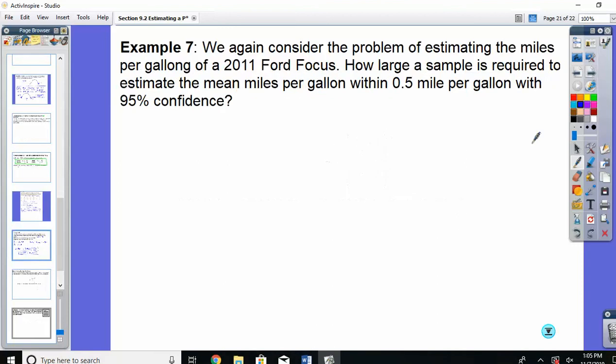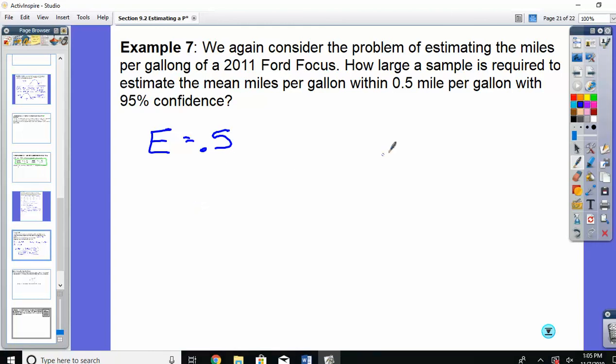Okay, so if I'm going back to that mileage problem we were looking at, and I want to know how large a sample is required to estimate the mean miles per gallon within 0.5 miles per gallon, so that is my error, with 95% confidence.